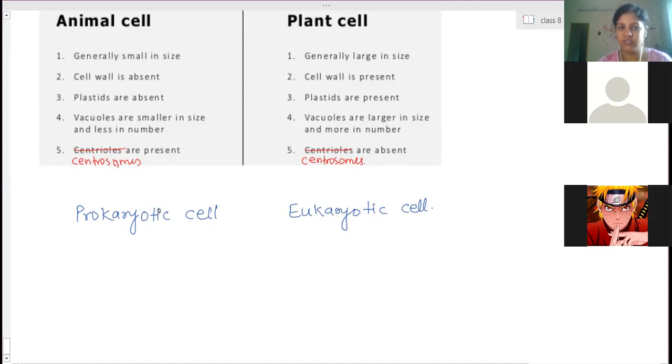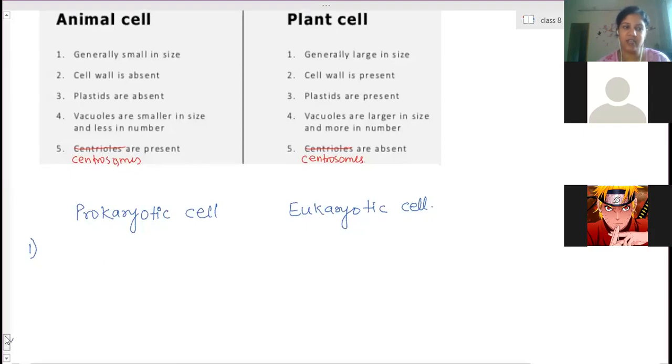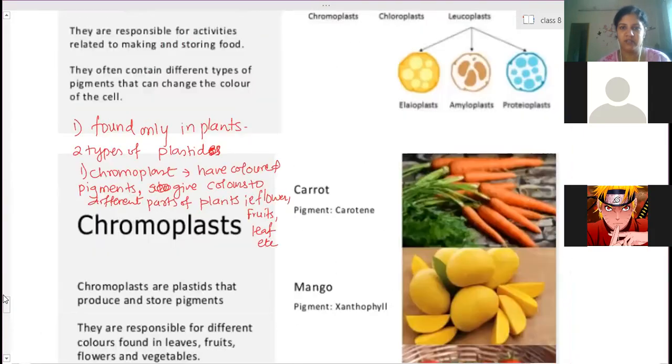It is very small in size, and eukaryotic cells are somewhat bigger. The first point is the nuclear membrane. The nuclear material is not separated from the cytoplasm. You have seen that in each cell, the nuclear membrane separates it.